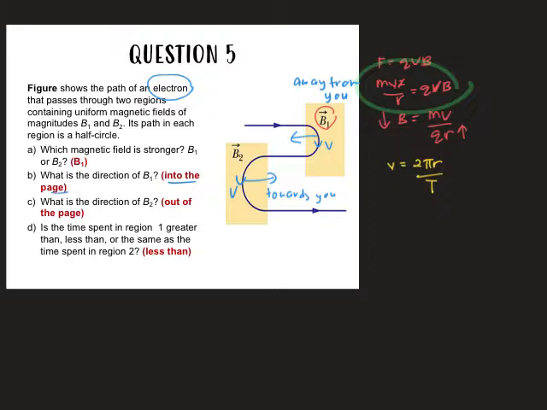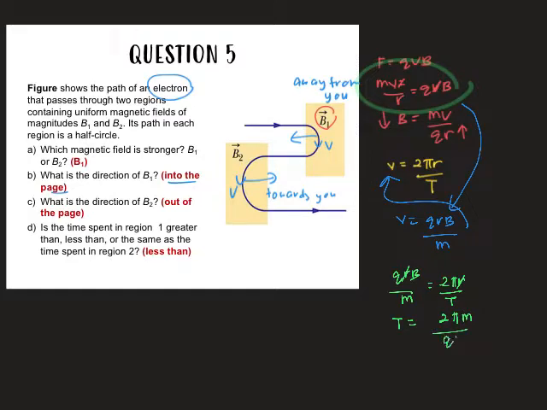You put v as the subject, which is going to be qrB over m, and then you put it inside this formula. So you are going to get qrB over m equals 2 pi r over T. So T is going to be 2 pi m over qB, which means that an increase of magnetic field gives a decrease of T.